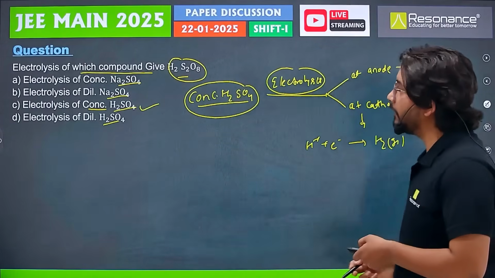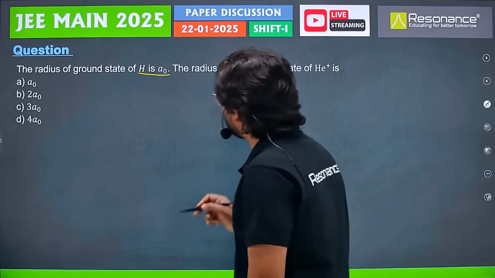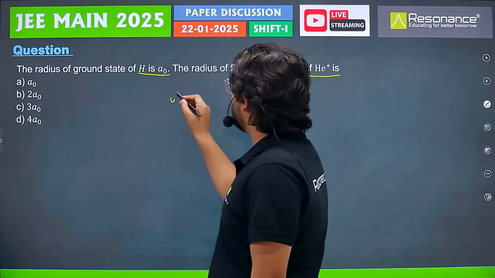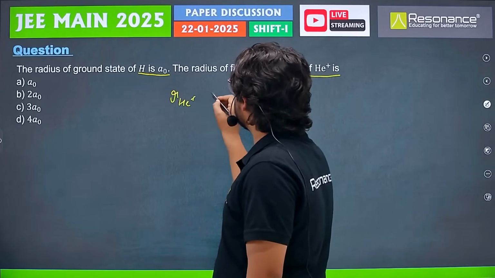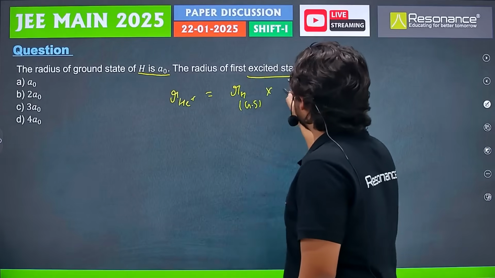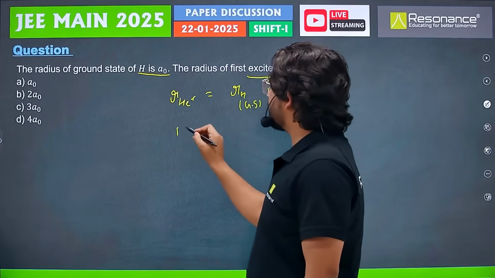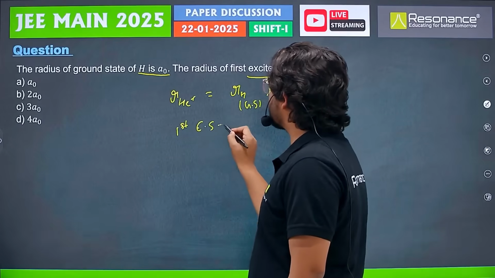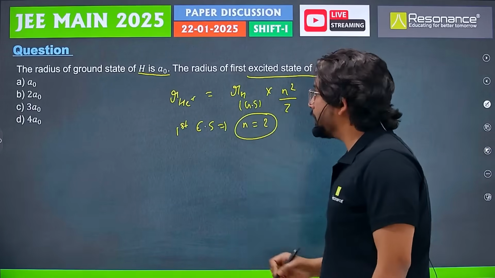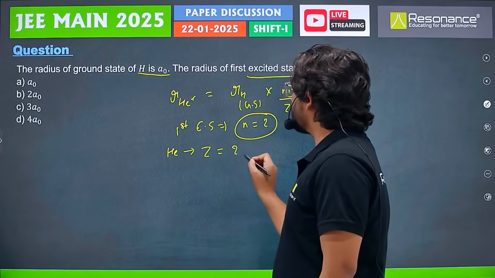Now move to another question. The radius of the ground state of the hydrogen atom is given as A0. What is the radius of the first excited state of He plus? So what can we write? R of He plus is R of hydrogen in ground state times n square upon Z. First excited state means n is equal to 2, and for helium the atomic number Z is also 2.